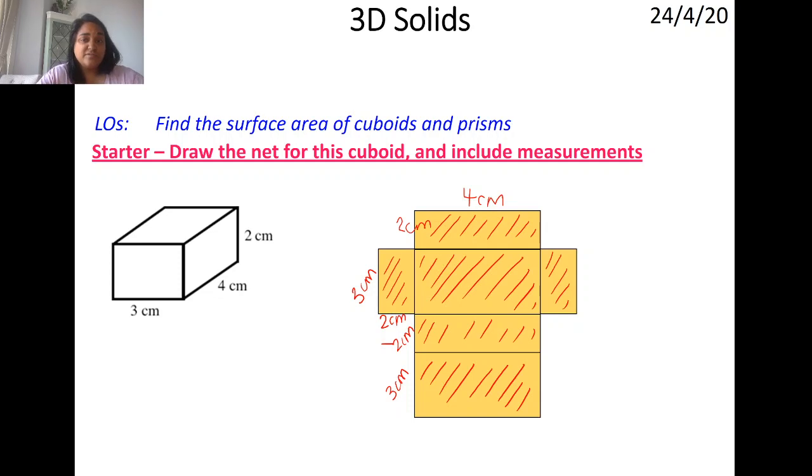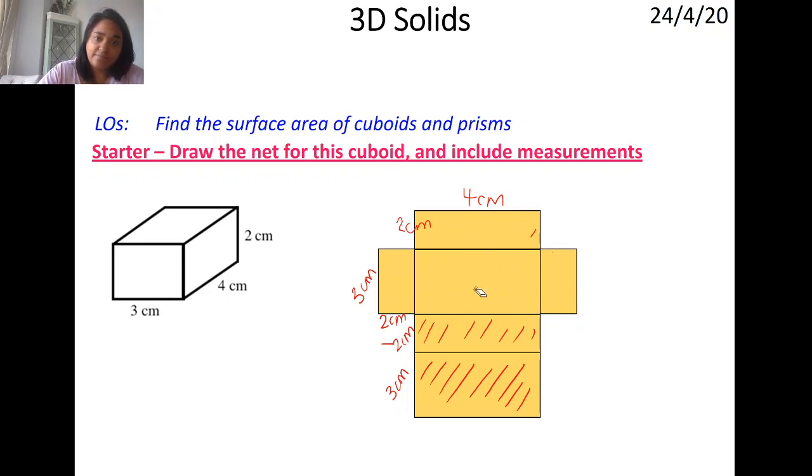So in total for a surface area of a cuboid I'm looking for 6 different measurements. And actually the thing to note is that there are some measurements that are repeated. So this panel here, I'm going to actually just rub out these hash marks to show you this quite clearly.